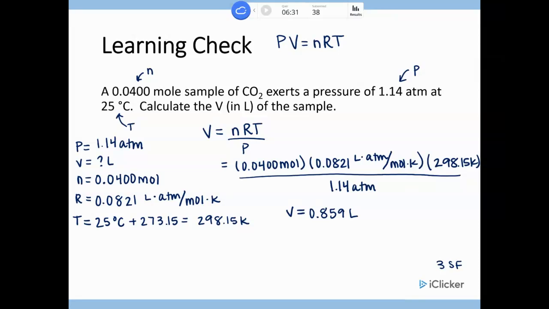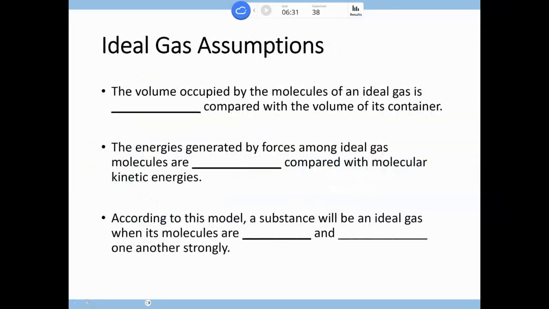When we're working with ideal gases, this is the ideal gas law, there are some assumptions that are implicit in assuming that something is an ideal gas. These are stated on this next slide. The first is that the volume occupied by the molecules in an ideal gas is negligible compared with the volume of its container.